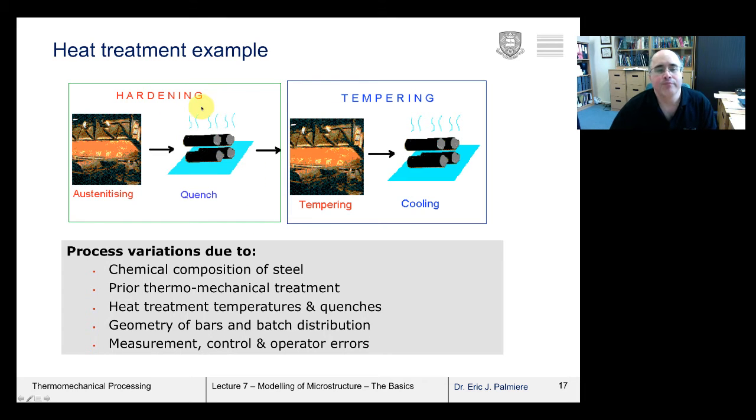So as an example, in the case of our steels, with some heat treatments, we may be interested in a group of steels that we had processed in a way that we had subjected them to a quench and temper treatment. So what do we have? We have the steels which are re-austenitized at some particular temperature, based upon some composition, for reasons that I've already discussed a few modules ago.